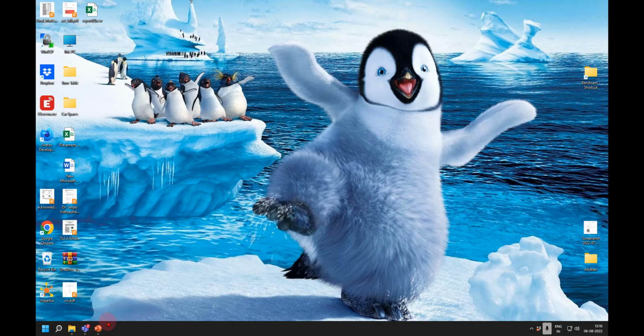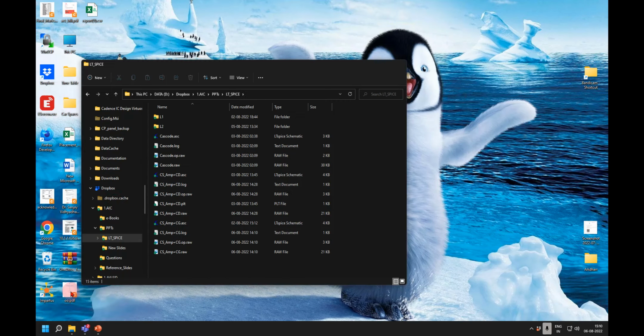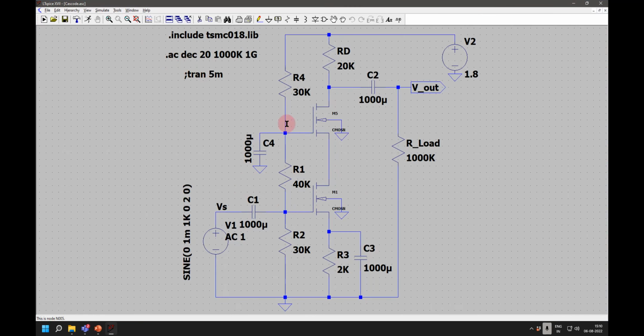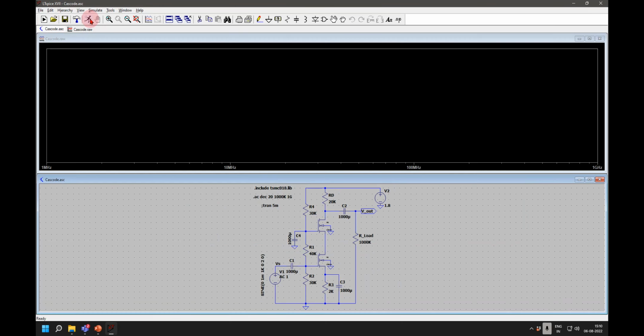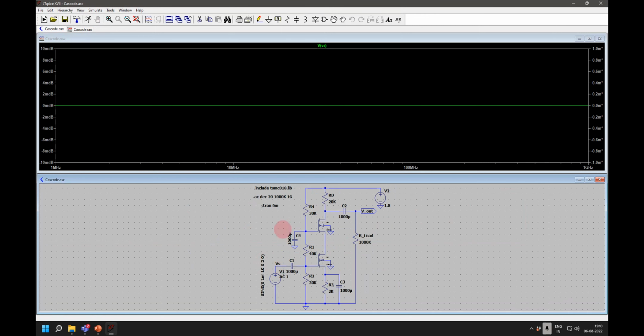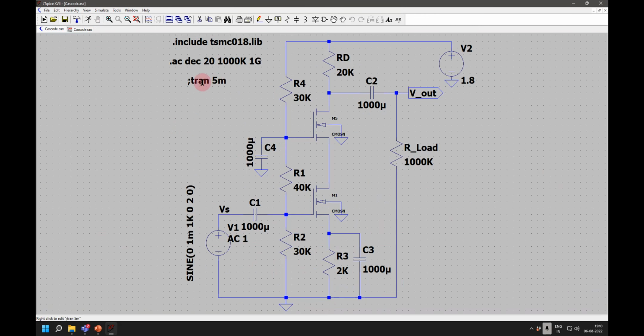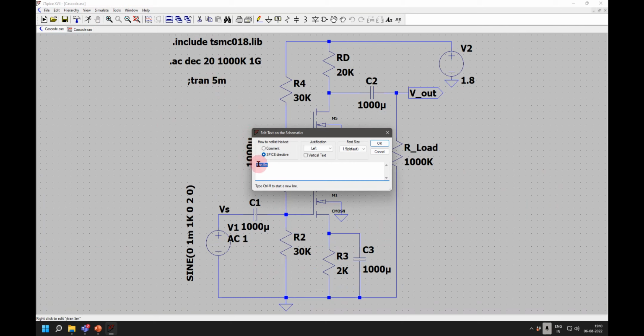So before we wind up, this is a cascode amplifier. Let me do a simulation. I'm doing AC analysis.